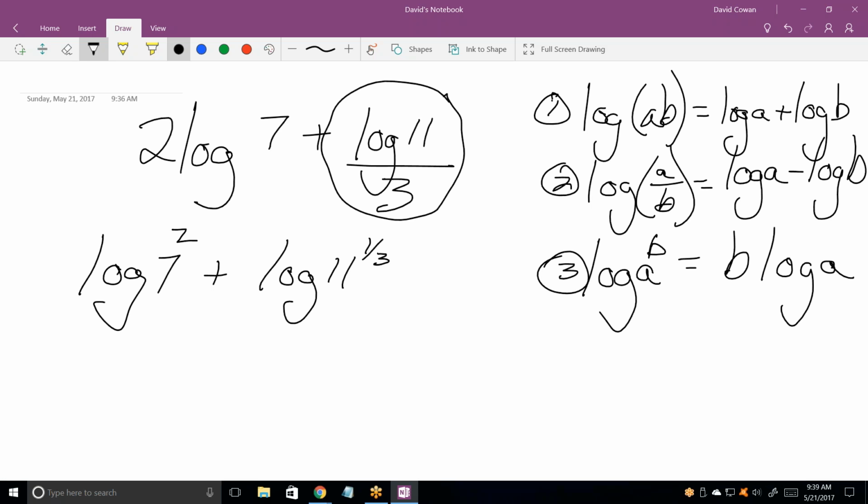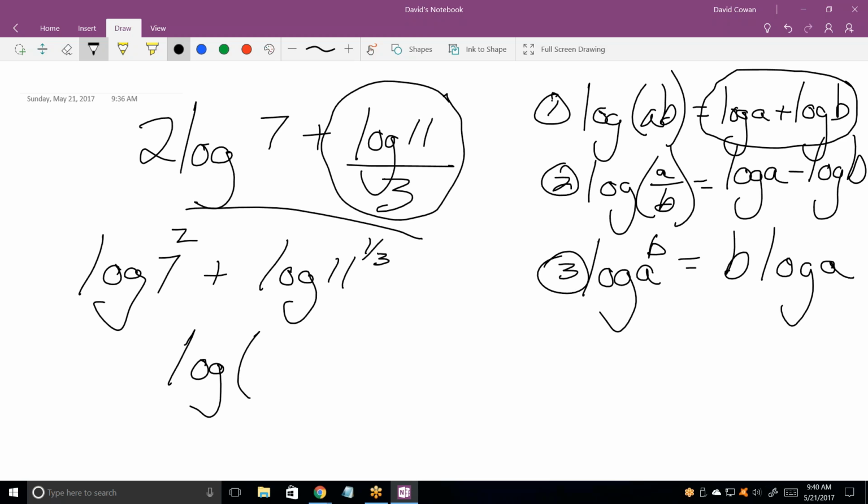I've gotten rid of the coefficients in front of the log. And now turn that into a single log expression. Okay. Do you just multiply together and add exponents? Okay, here's what we're doing. Here's what we're starting with on the right. That's what this is here.